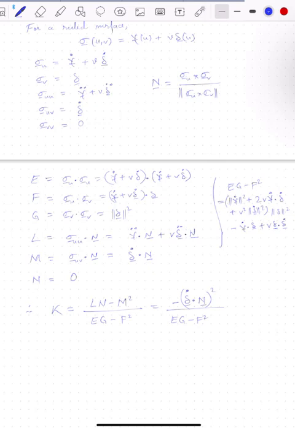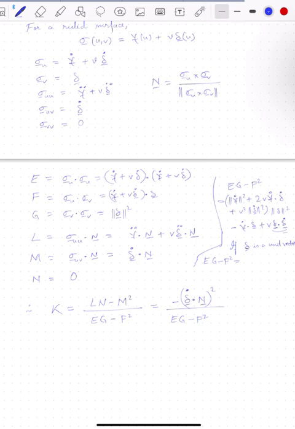Say if delta u is a unit vector, then EG minus F squared will come out with terms that vanish, and this is going to be 1, right?